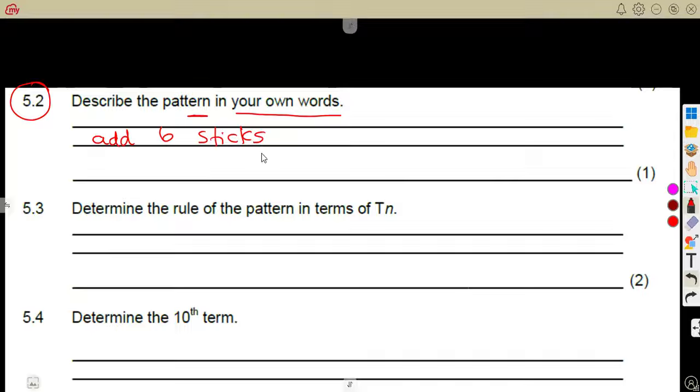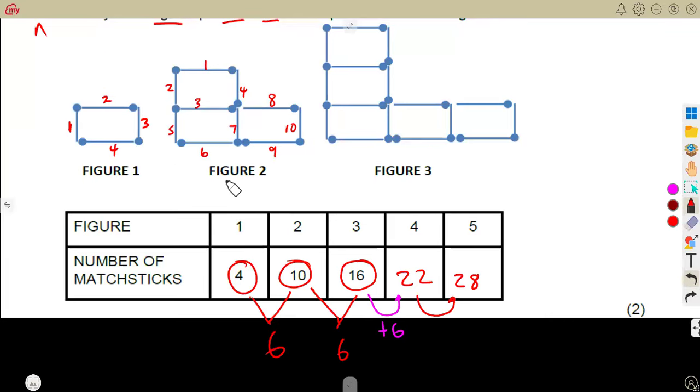Add 6 sticks to the previous pattern. That is the consideration of what we're having. To get whatever we have for the next pattern, we must add a 6 from what we are seeing here. Are we together there, guys?